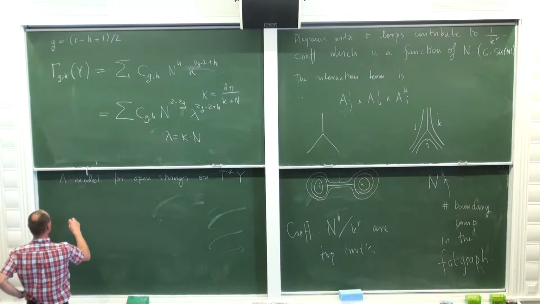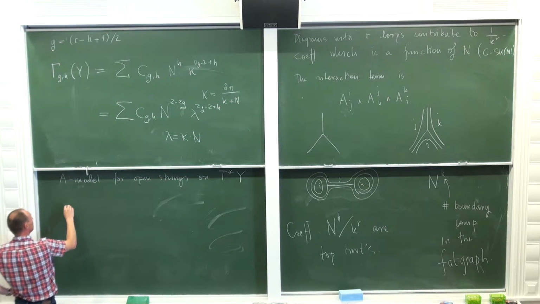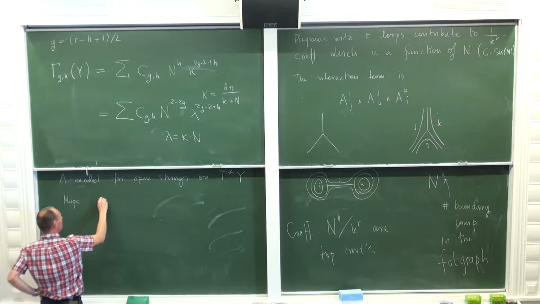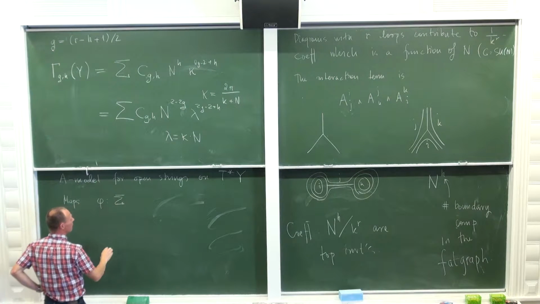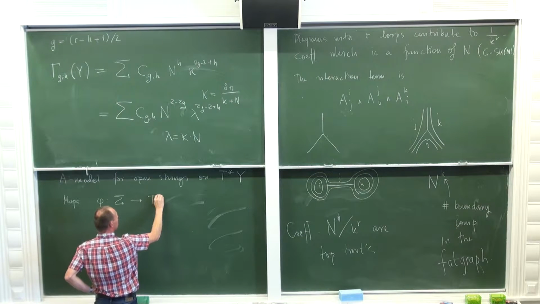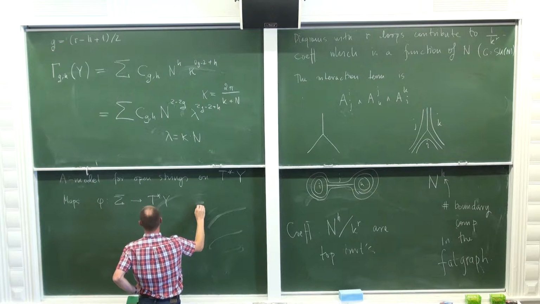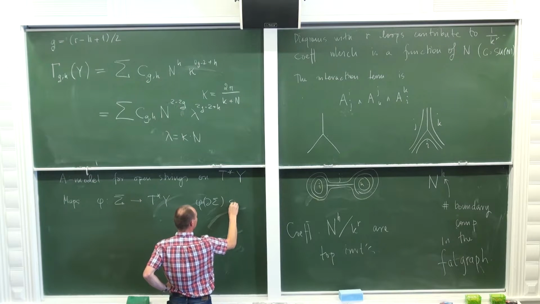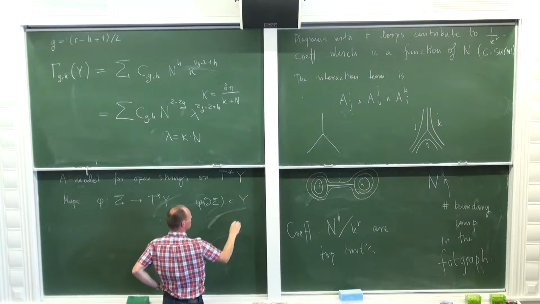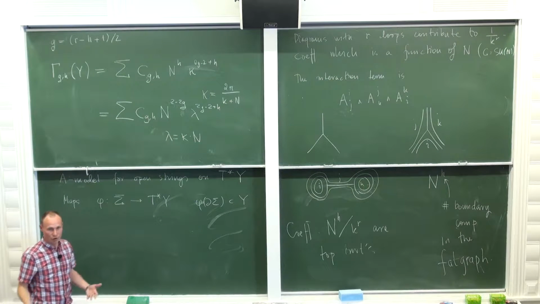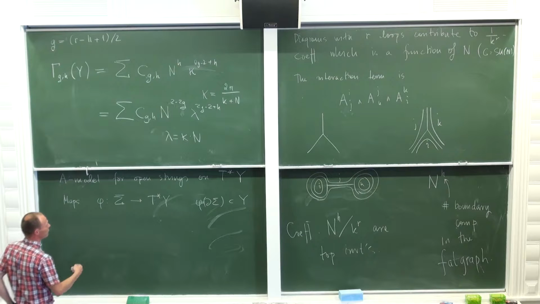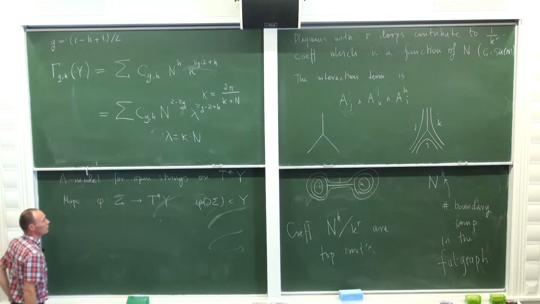What we are looking at are maps phi from a Riemann surface with boundary into T star Y, and on the boundary they're mapping into Y. So this is somehow like the holomorphic curves in first degree. But there are some of the fields of the theory, so this is some nonlinear sigma model as well.